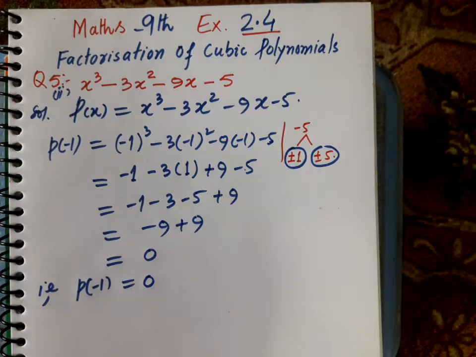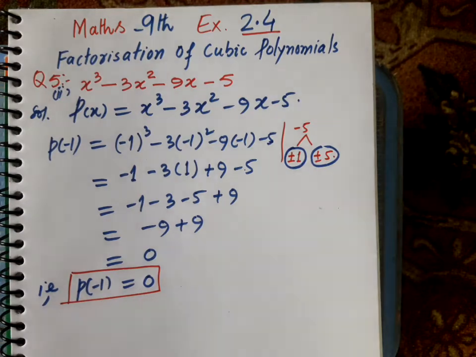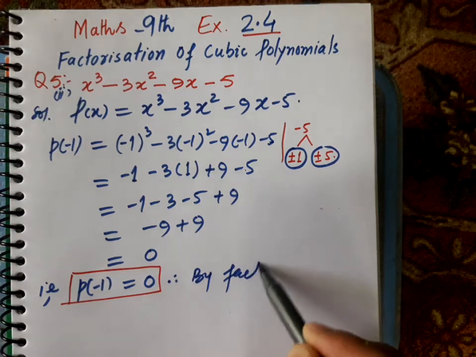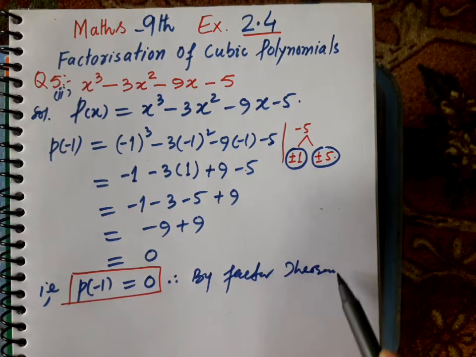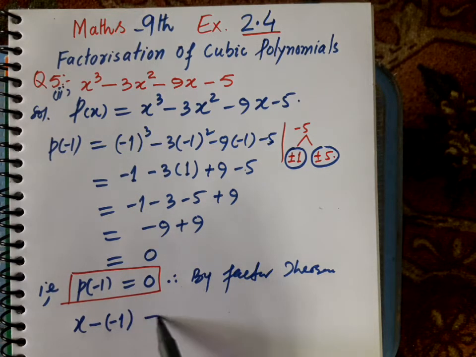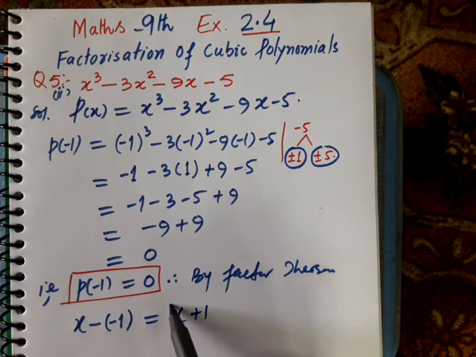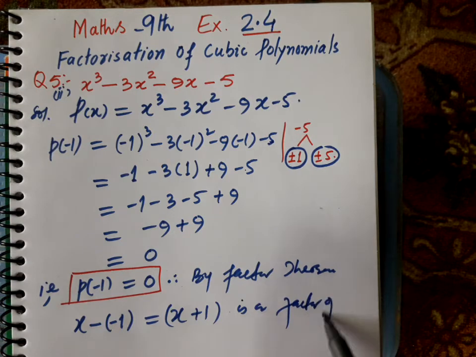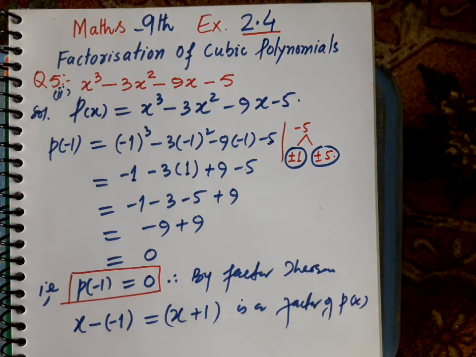So when p of -1 is equal to 0, therefore by factor theorem, this will imply that x minus a, that is over here, -1, that is x plus 1, is a factor of p of x. So we got that.